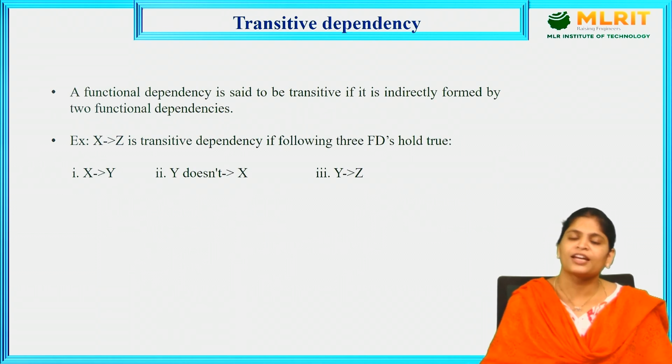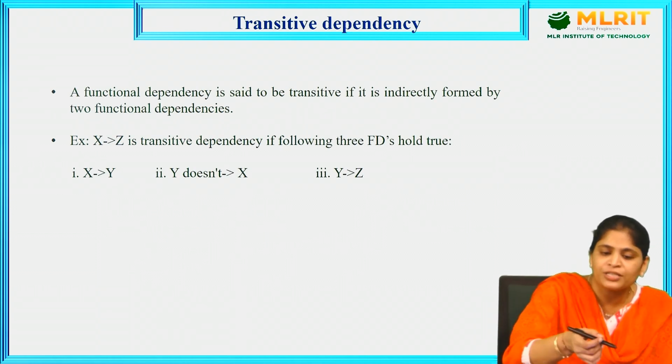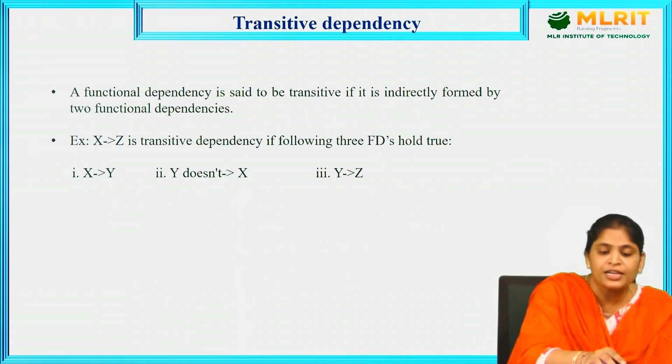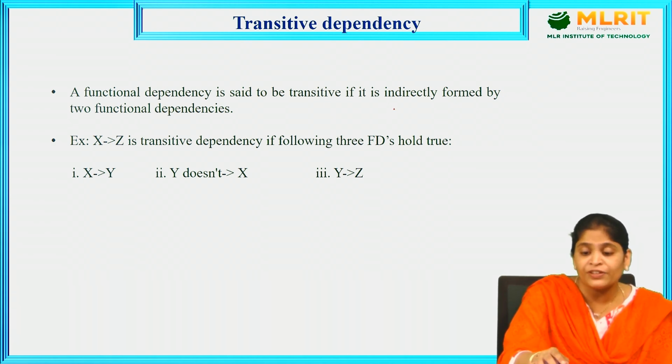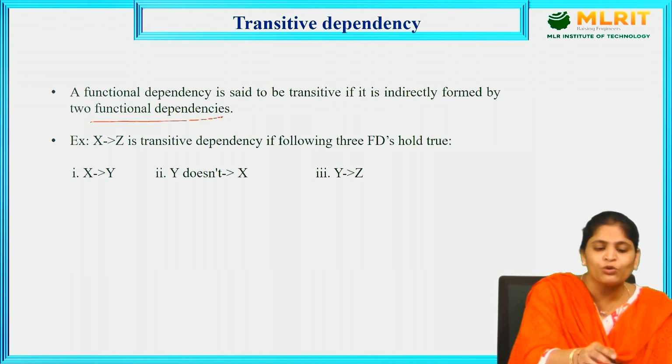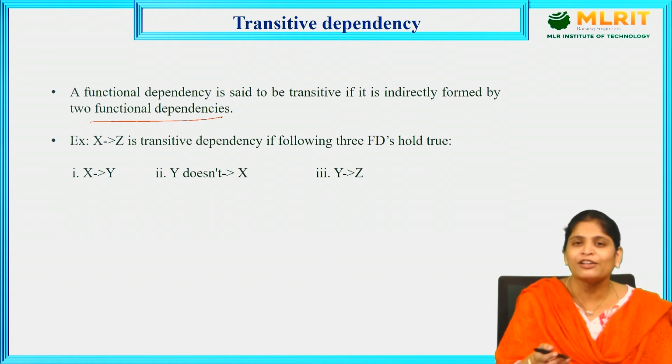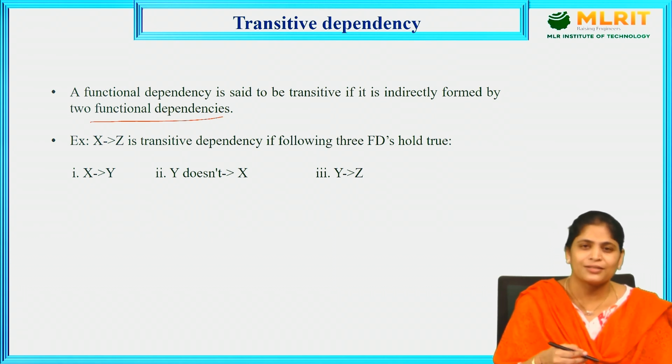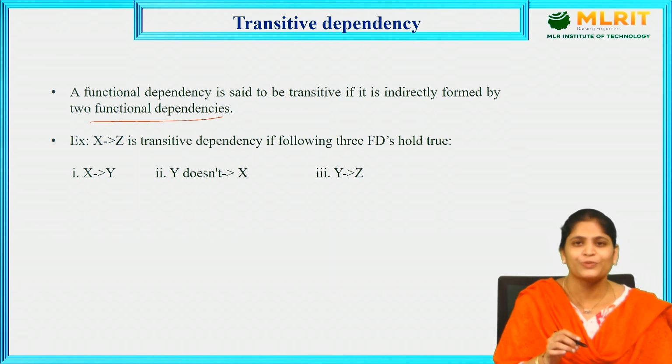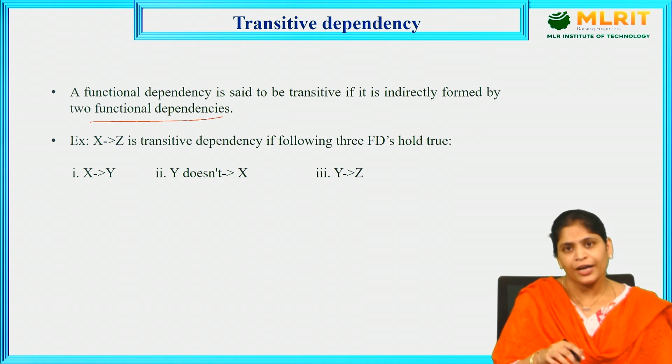Next, what is transitive dependency? The last one, what is transitive dependency? A functional dependency is said to be transitive if it is indirectly formed by two functional dependencies. Indirectly formed by two functional dependencies. Let us discuss this with an example. I used to deliver a lecture to the students.